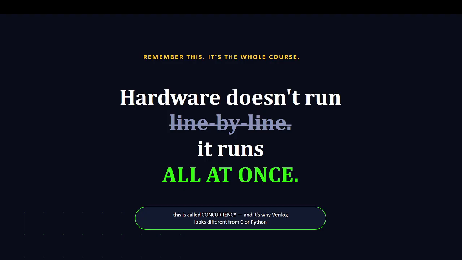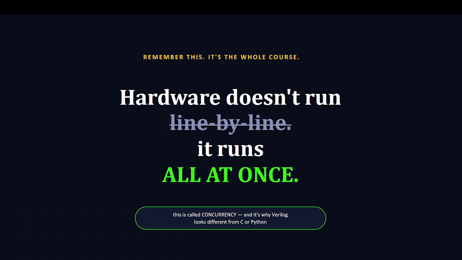This is the single biggest mindset in this entire course. So I need you locked in for this one sentence. Hardware doesn't run line by line. It runs all at once. Think of code like a single chef in a kitchen, one person, one task at a time, top to bottom.